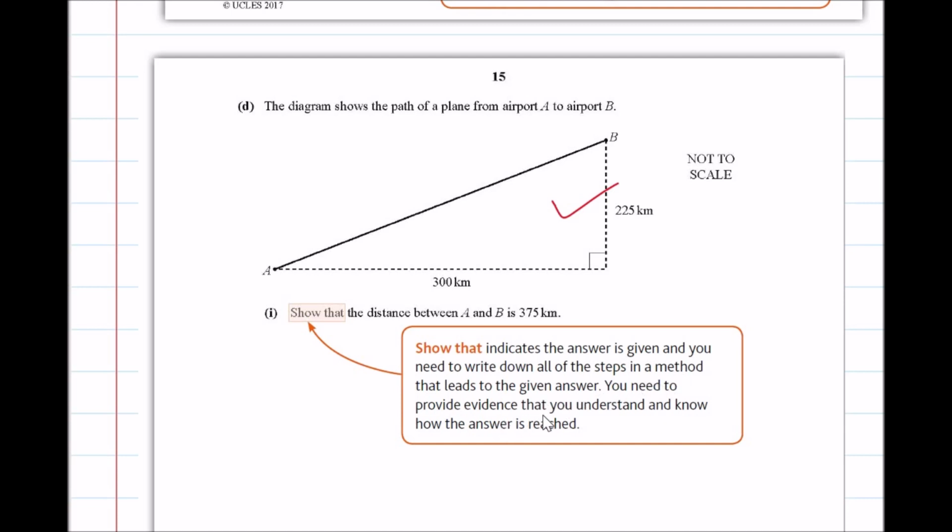You need to provide evidence that you understand and know how the answer is reached. So each and every step must be shown here. If you skip any step, even an obvious one, you will lose marks. So keep in mind that you are supposed to show very small steps also.